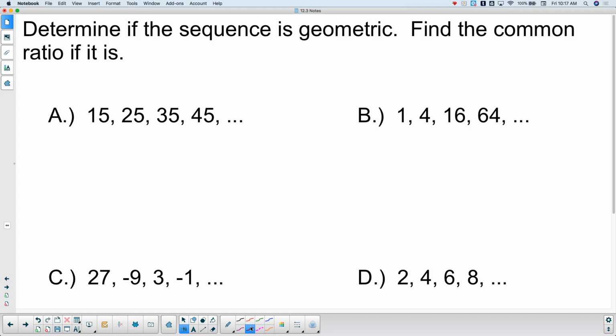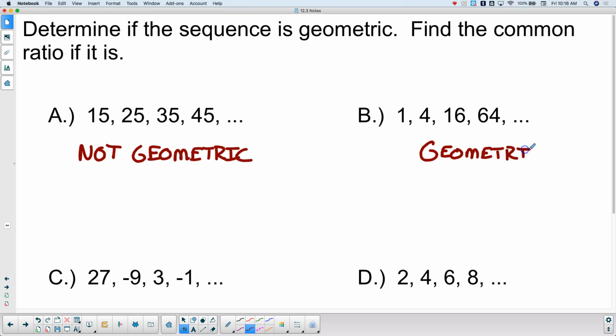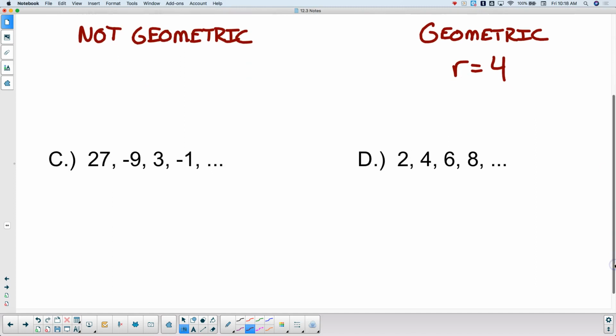First one, geometric, not geometric? Not geometric. What is it, though? And what's our common difference? Yep. Second one, geometric, not geometric? Geometric, common ratio 4. Third one.